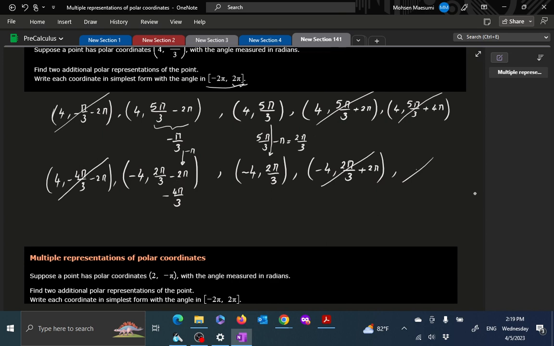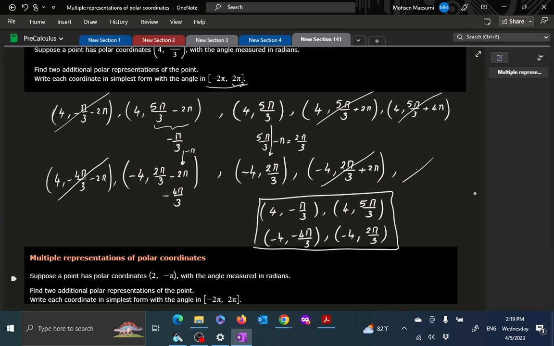These two and these two, we always have 4 of these left: (4, minus π/3), which is one representation, and (4, 5π/3) that was given to us, and then (minus 4, 2π/3) from the other category, and (minus 4, minus 4π/3) is the final of these. So I have 4 options, and I enter them, and then I'm all set.